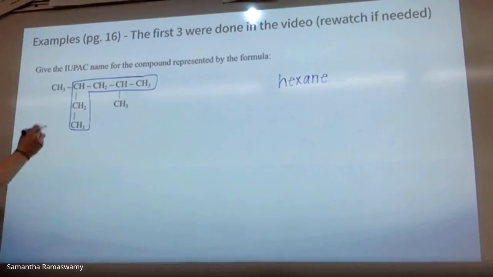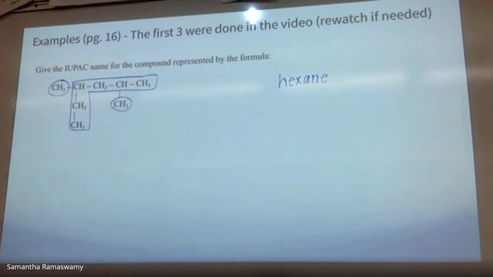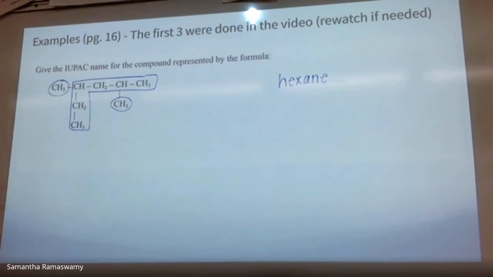Now, we have 2 substituents, 2 groups off of the parent chain. When you have groups off of the parent chain, you have to number the carbons in the main chain so that you can tell whoever's reading this name exactly where they are. When you number the carbons, start with the 1 on the side closest to a substituent.